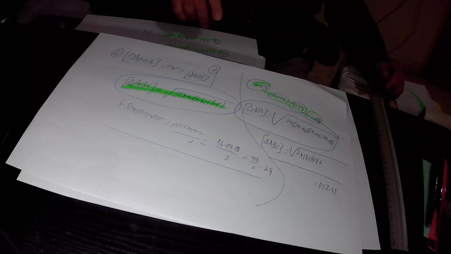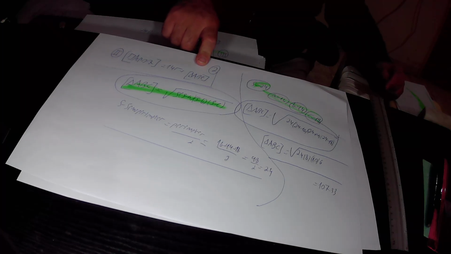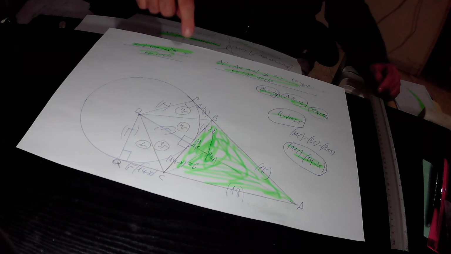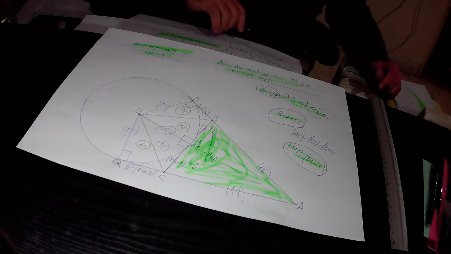So our task is to find out the area of triangle ABC. This is the only missing thing here, because we already found out that the sum of the areas of those 4 triangles is equal to 14R.